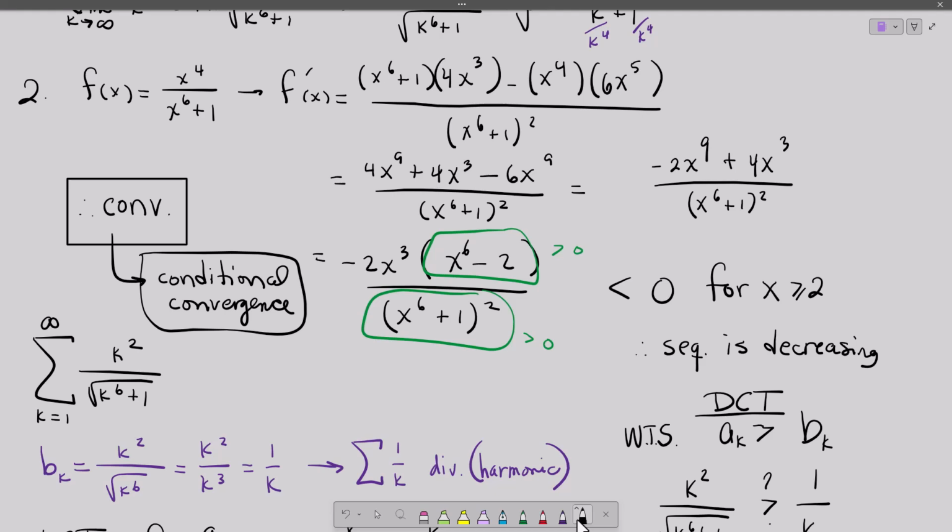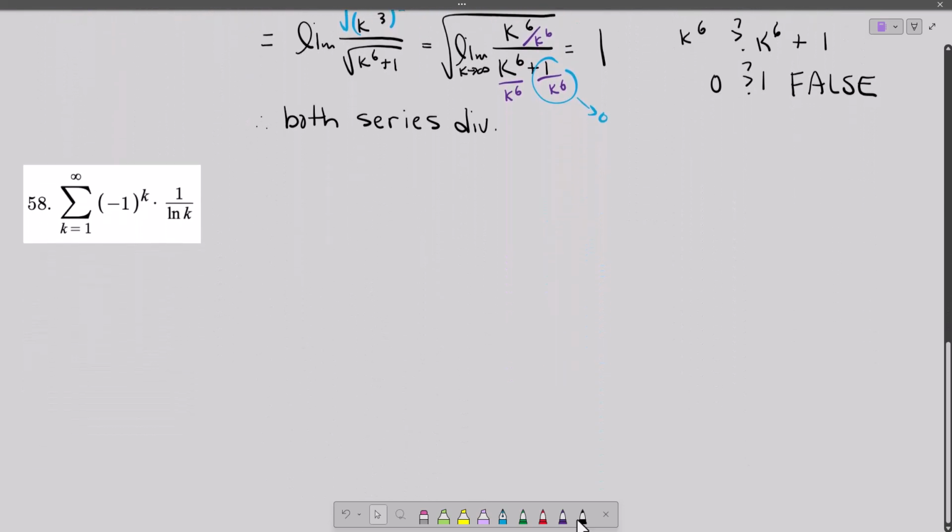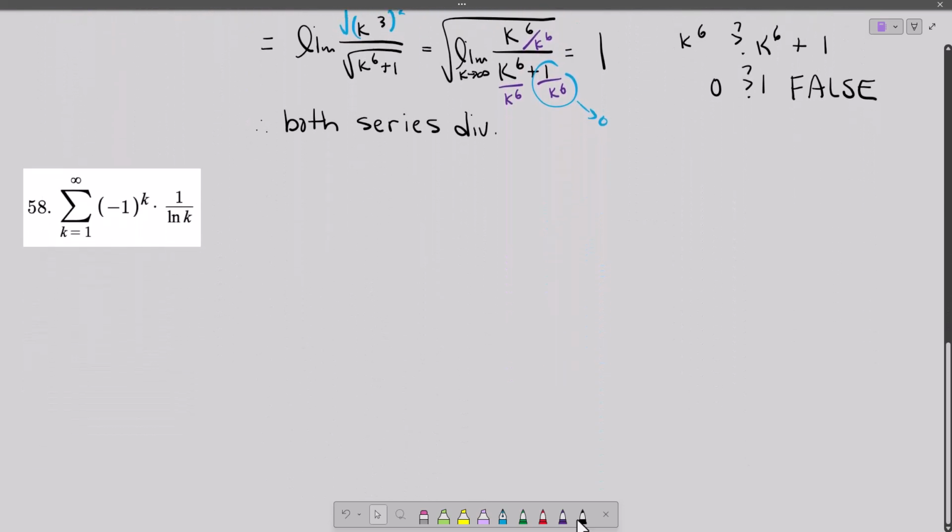So, first step, you've got to show that the series converges. And then, let's try this one. Alternating series. So let's first show the series converges. So we first do the limit as k goes to infinity of a sub k.